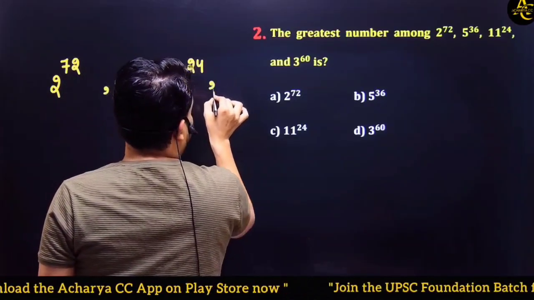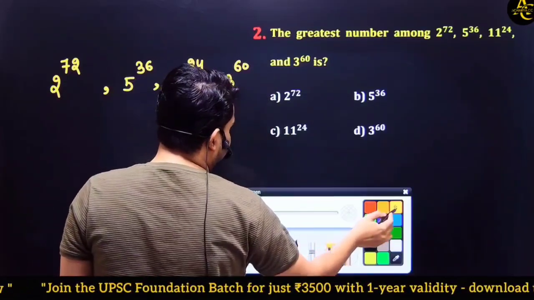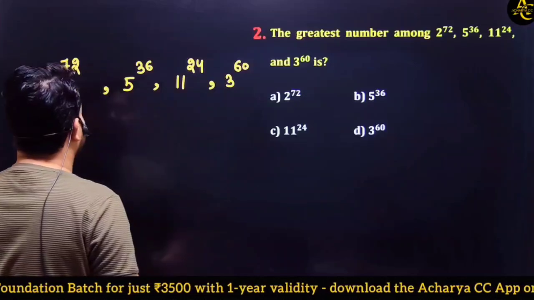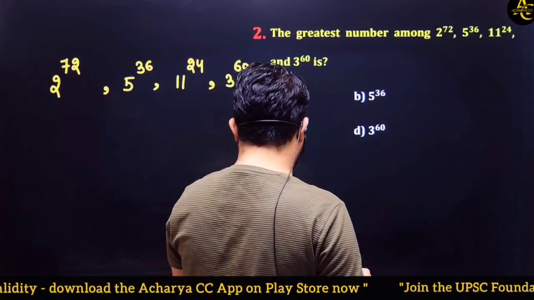11 to the power 24, 3 to the power 60. I'm not writing it, I will write in a box here.